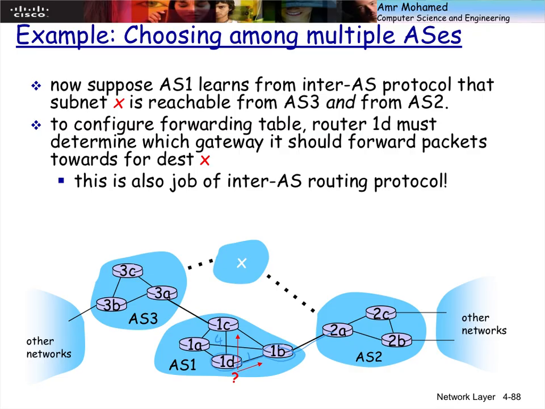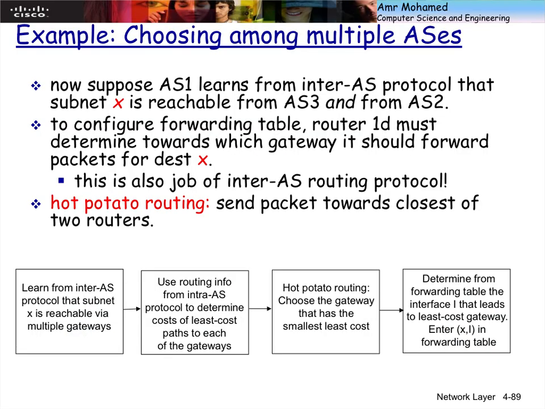So this is the interaction between the exterior routing protocol and the interior routing protocol. So using this logic, we can have hierarchical routing. We call this hot potato routing. Hot potato routing talks about the fact that you have a hot potato that can be juggled to this autonomous system or this autonomous system.